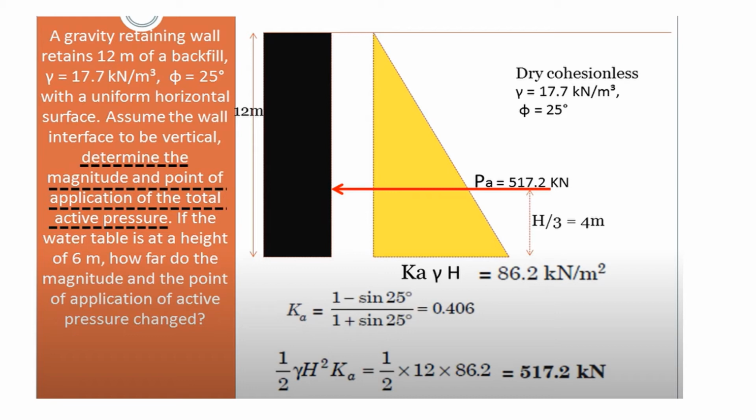So the area after substituting the values will be 1 by 2 into 12 into 86.2, which is 517.2 kilonewton. This will be the active force acting on the retaining wall in the absence of the water table. You just have to substitute the values for this active pressure, which is given by Ka gamma H, which will be the base of this pressure distribution diagram.